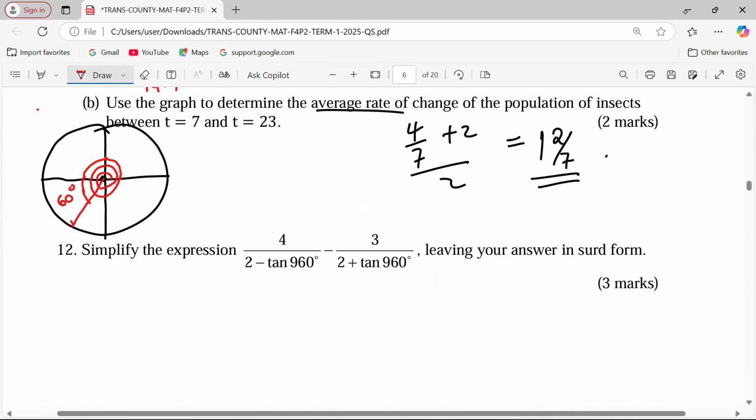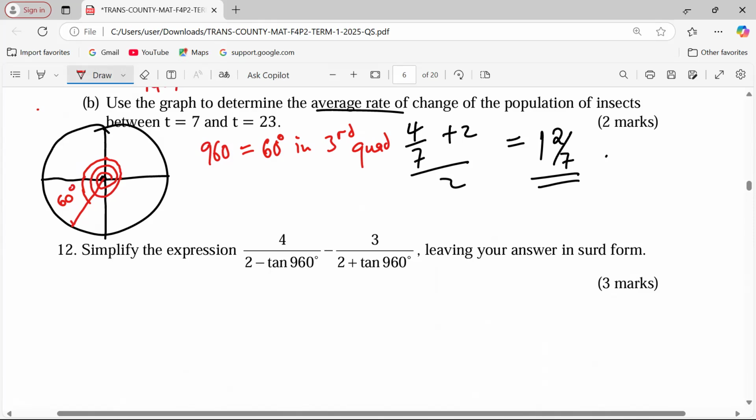That means an angle of 960 is the same as 60 degrees in the third quadrant. So we identify an acute angle and the quadrant it lies in.